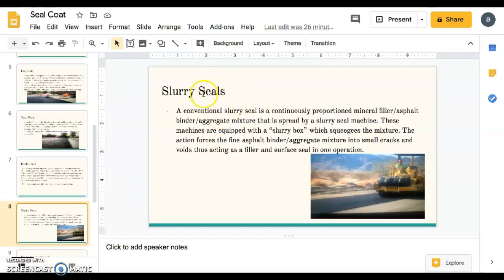Slurry seals. A conventional slurry seal is a continuously proportioned mineral filler, asphalt binder, and aggregate mixture that is spread by a slurry seal machine. These machines are equipped with a slurry box, which squeegees the mixture.